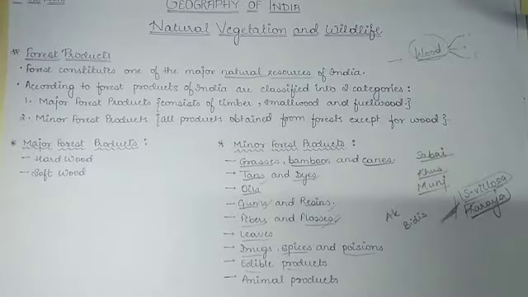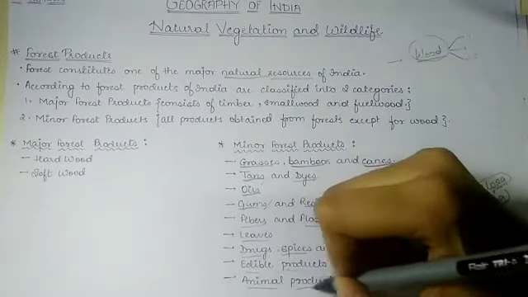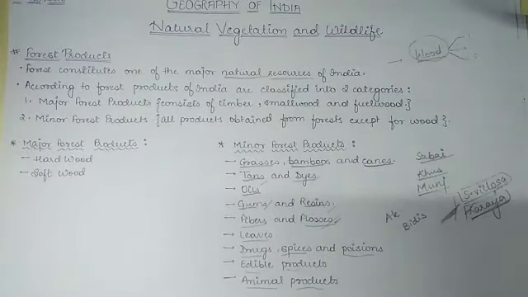Lastly, we have animal products. One of the most important animal products is lac. Lac is actually obtained from the forest. It is secreted by a minute insect known as Laccifer lacca.